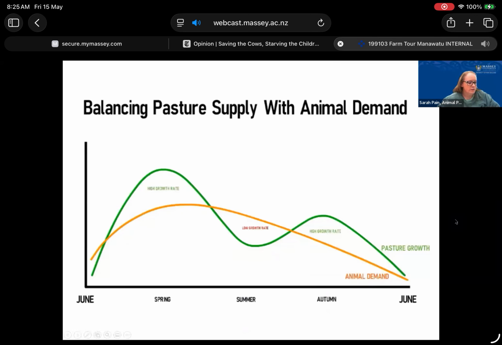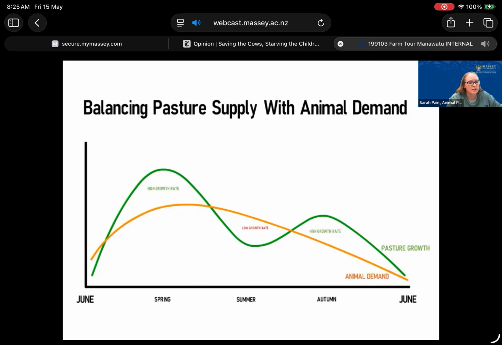Before we go into the first farm, the sheep farm, I just want to talk to you about this, because this underpins the way that New Zealand farms its grazing livestock, its ruminant livestock. So New Zealand has a pastoral-based feeding system, which means they want to utilise as much of the grass that grows to feed their animals as possible, okay?